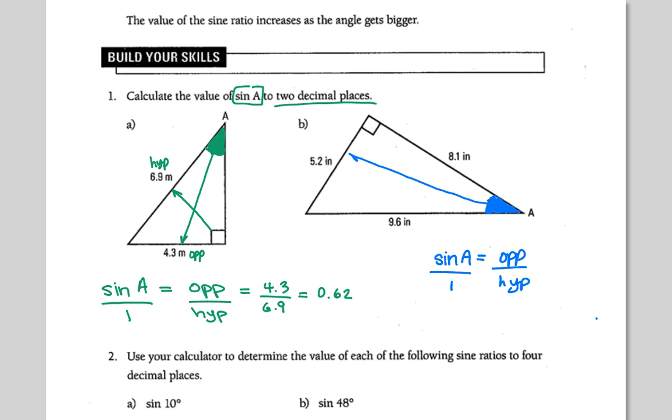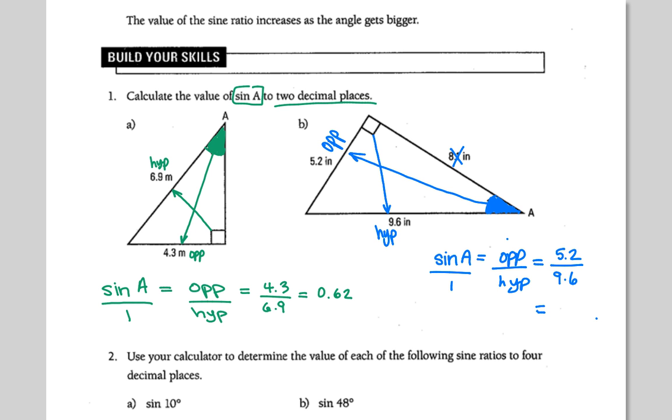Straight across. Here is your opposite. Find the 90. Straight across. Here is your hypotenuse. So we're just going to ignore the 8.1 for now. So op is 5.2 dividing 9.6.